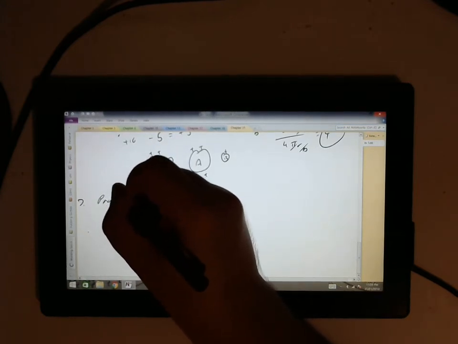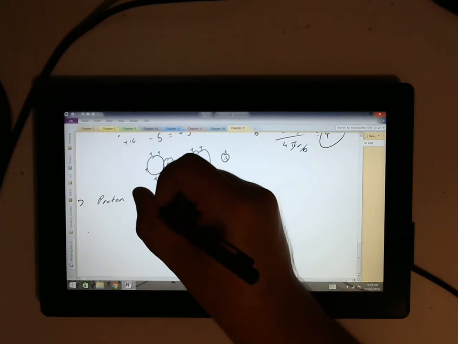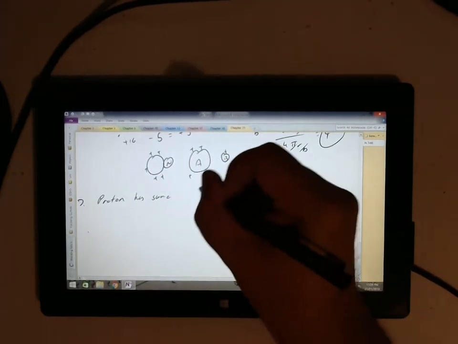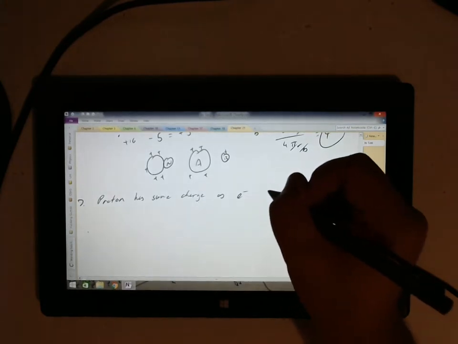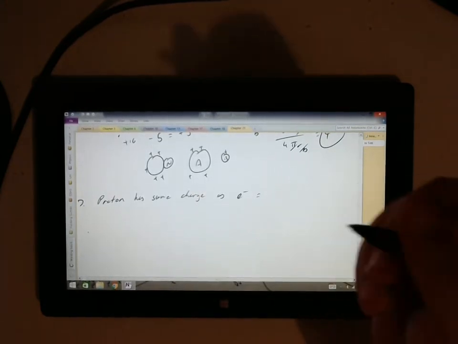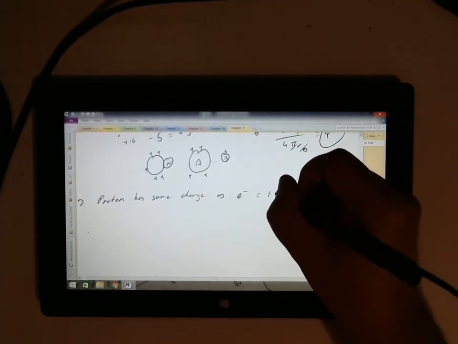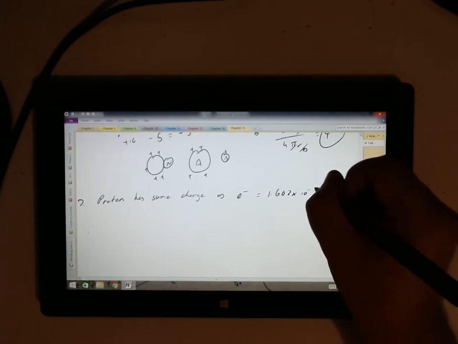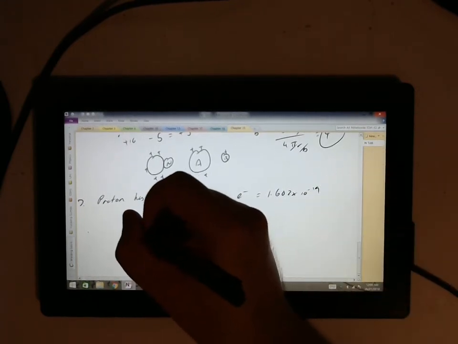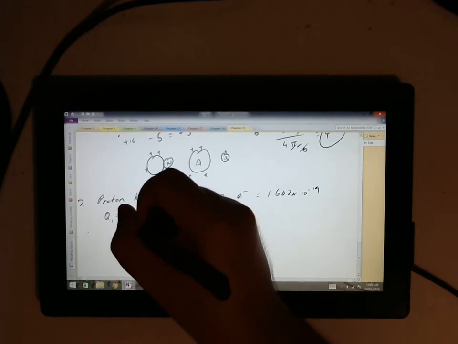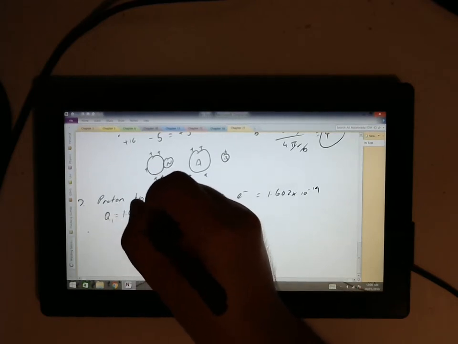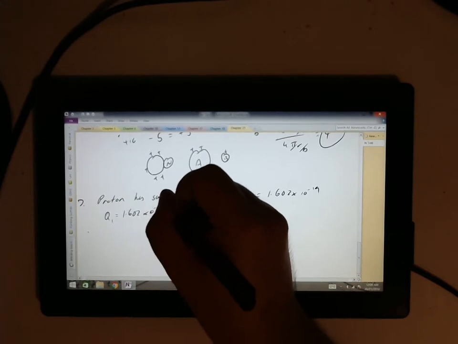A proton has the same charge as an electron, it's just positive, 1.602 times 10 to the negative 19. So we have Q1 equals 1.602 times 10 to the negative 19.